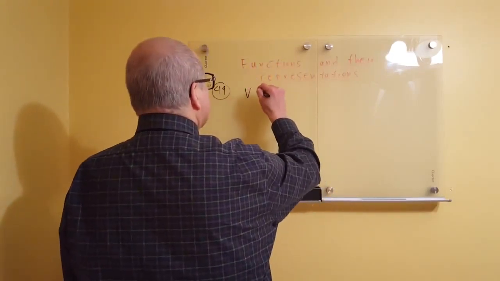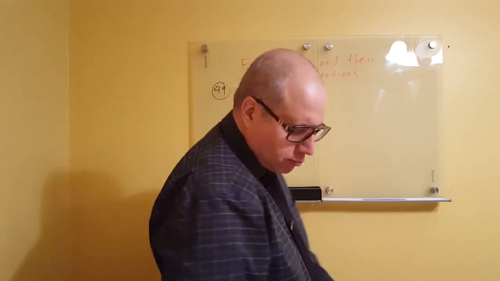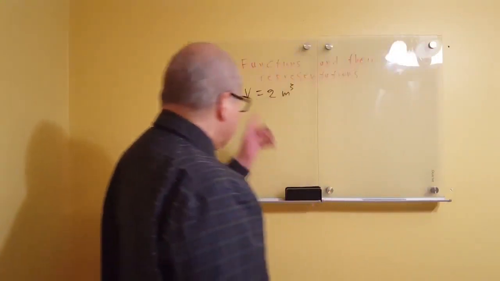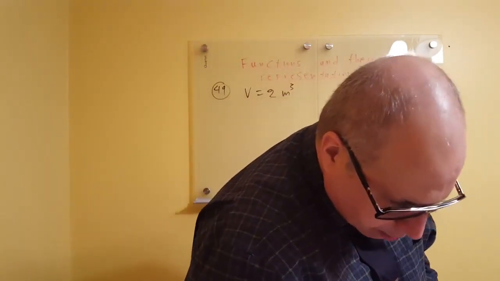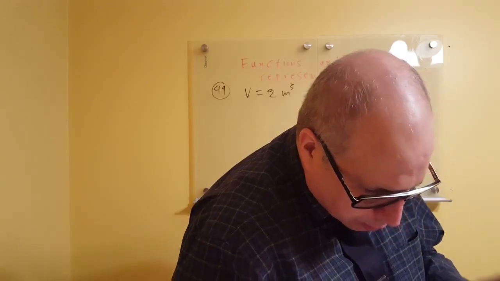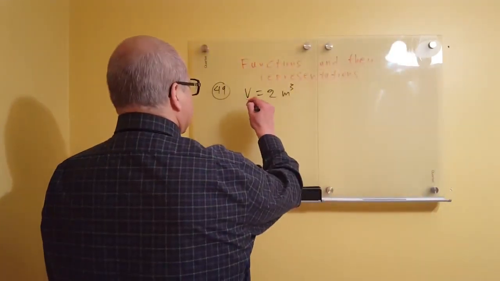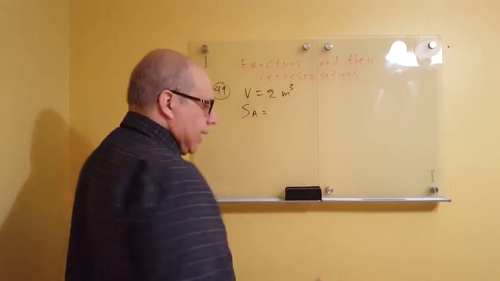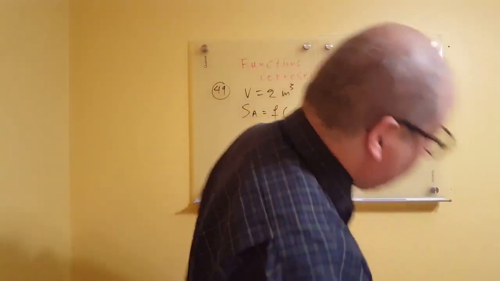So the volume is equal to 2 cubic meters. It has a square base, so the base of this is square. And what we have to find, we have to express the surface area of this box as a function of the side of the base.